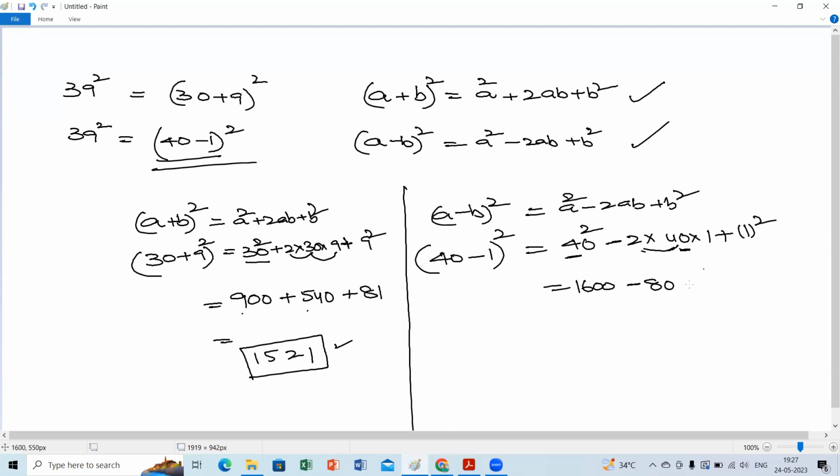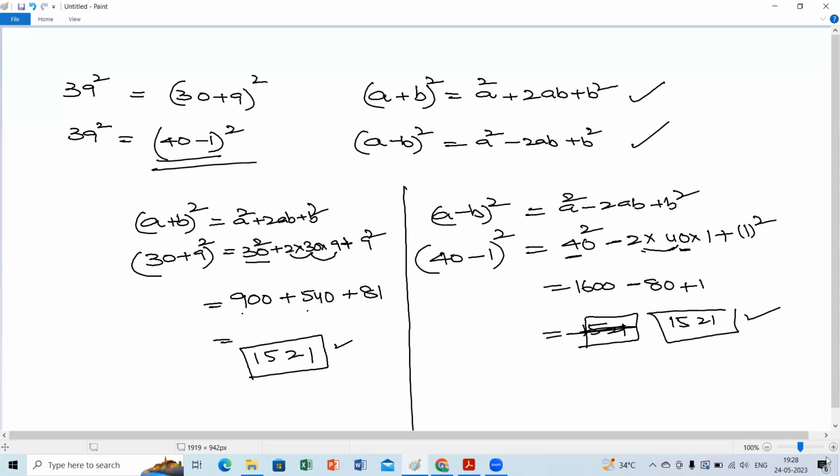Any number multiplied with 1 gives the same number. So 1 square is 1. 1600 minus 80 is 1520, and 1520 plus 1 is 1521. In either way, we get the same answer. So 1521 is the answer.